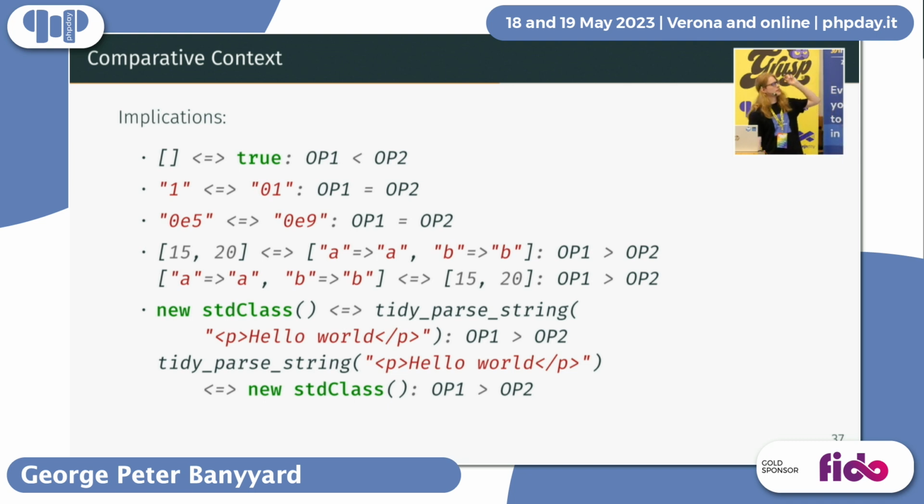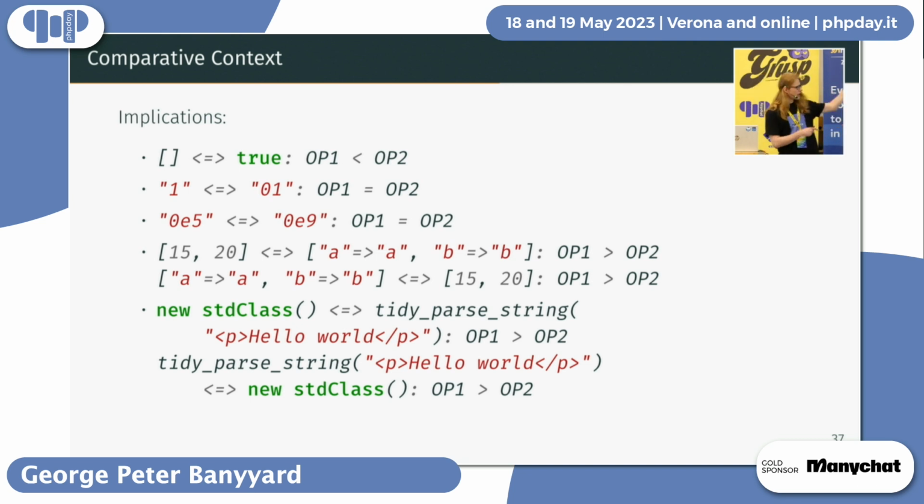Because both strings are numeric strings, it's just like, okay, let's cast them both to integers and compare them as integers, because that's sensible. Same with exponential notation: oh yeah, 0e5 is 0 times 10 to the power 5, which is obviously the same as 0e9, which is 0 times 10 to the power 9, therefore this is equal.